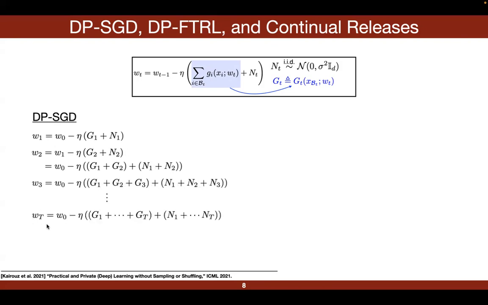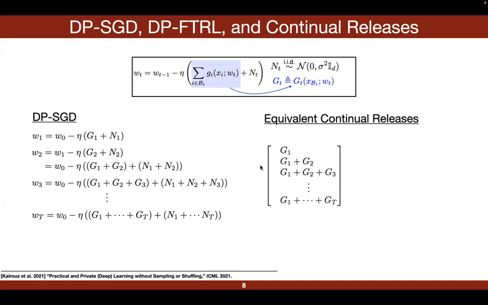So for Wt, it can be written as a sum of G1 to Gt plus noise added at each round. If you look at this expression, you will realize that the only part that depends on the private data is these gradients: G1, G1 plus G2, and G1 plus G2 plus G3. So in other words, we are going to do a private release of these prefix sums of gradients.